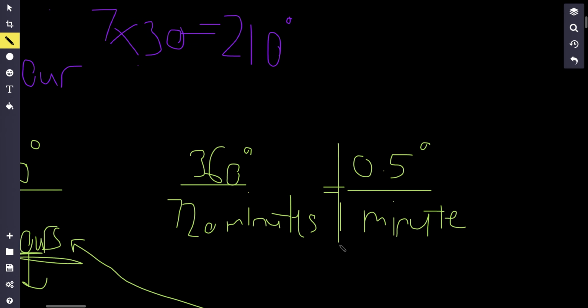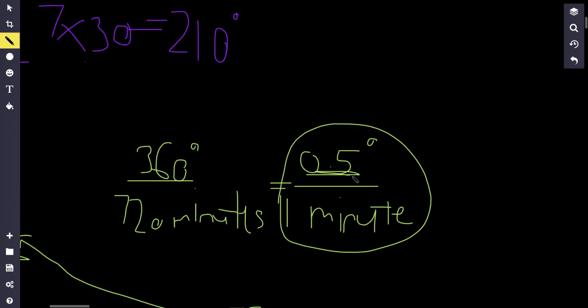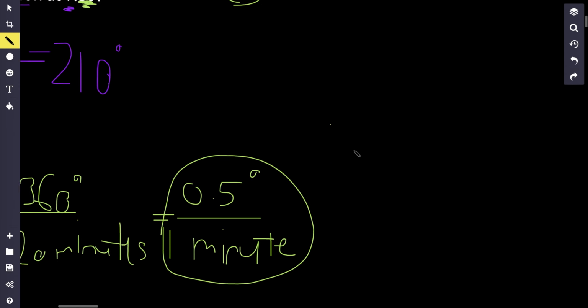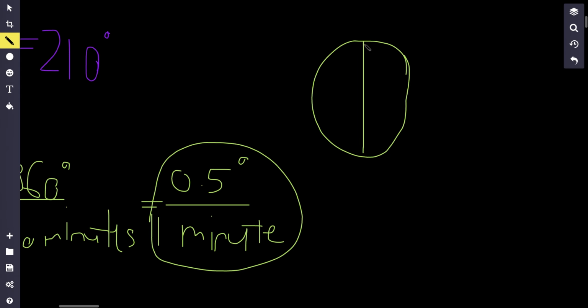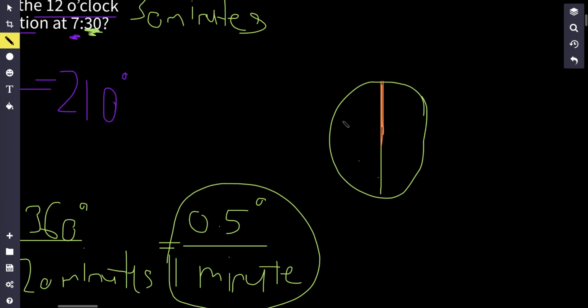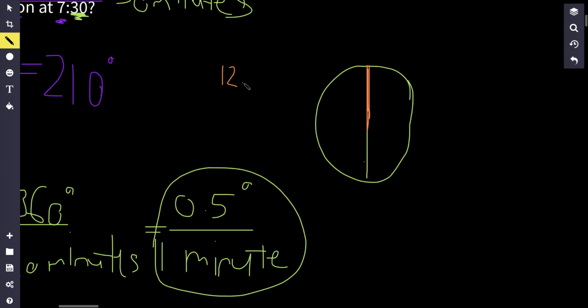So what this basically means is that every 1 minute that passes, it's going to be an extra 0.5 degrees. So for example, I'm just going to do a quick example. Let's say this is the 12 o'clock position, and I'm finding what's the angle created at 12:20, let's just say. Let's just say it's somewhere over here, right?